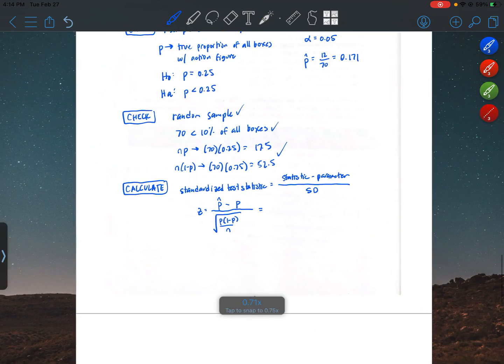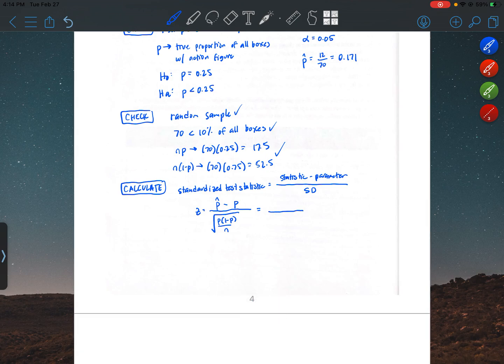Our statistic was approximately 0.171. The parameter was 0.25, and then our SD will be the square root of 0.25 times 0.75 all over 70. I'm going to calculate this off screen.